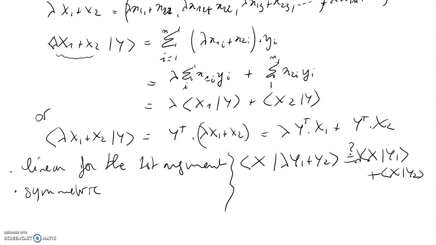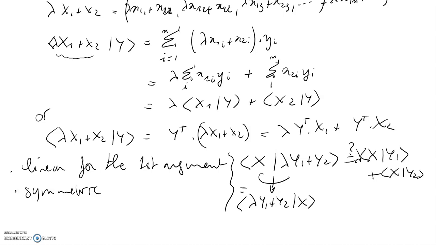Well, we can use the symmetric property, so we get that it's indeed equal to <lambda y1 plus y2, x>. Okay, I'm using the symmetric property, I can exchange the roles of the x and y.